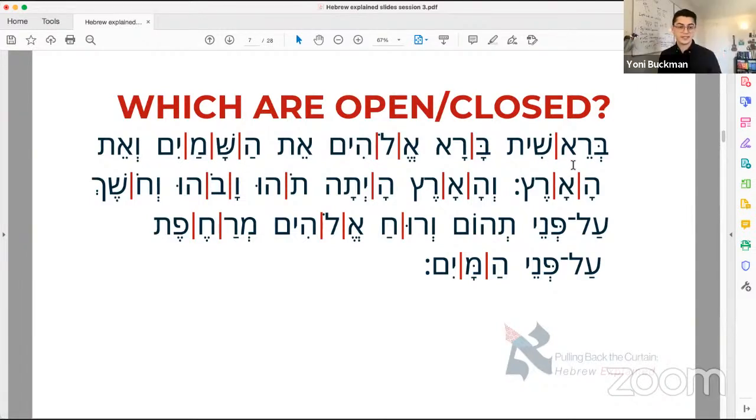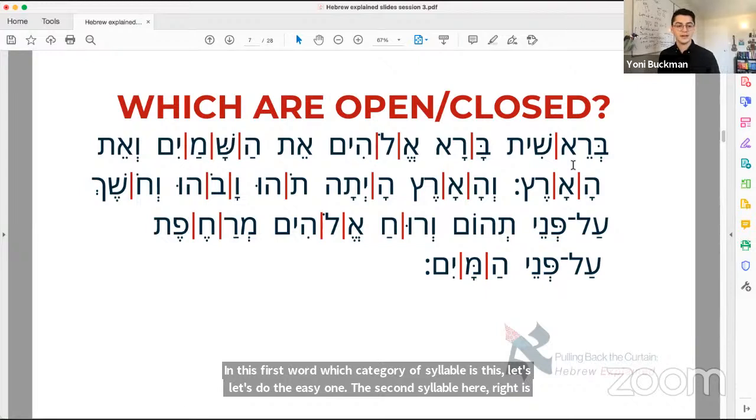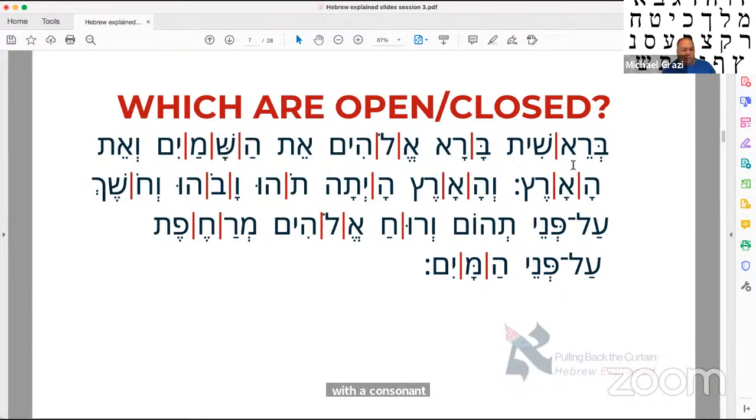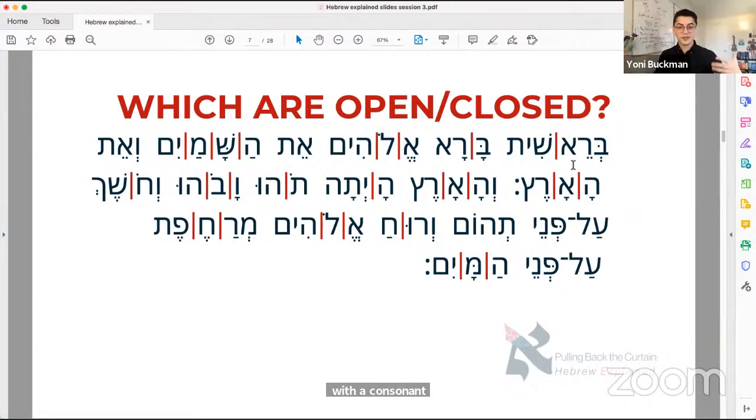And the first syllable, this one's tricky, right? Is the first syllable open or closed? I'd say open. Good. It looks kind of like it's closed because there's no nikud, there's no vowel signs under that aleph. But remember, the aleph here is attached, it functions as a vowel, right?